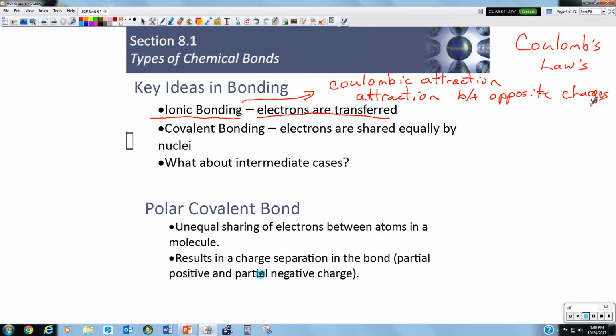Or another way we would refer to this when dealing with cations and anions is an electrostatic charge or electrostatic attraction.